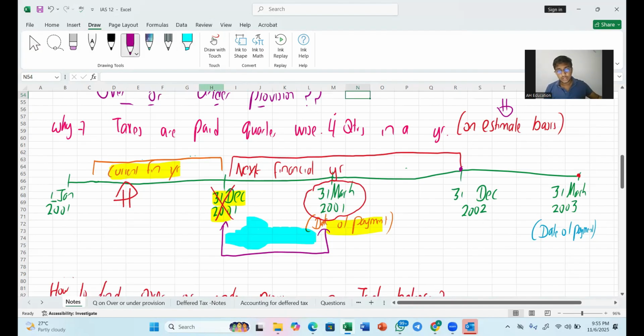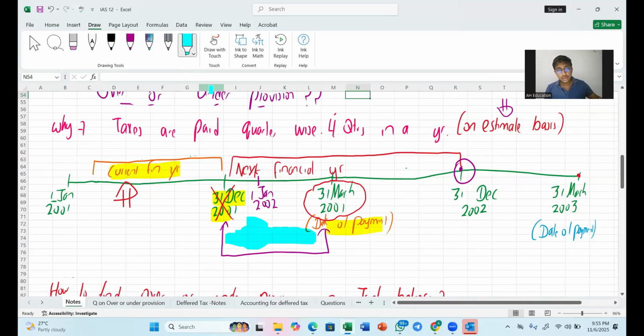Let me give you another example. Say now this is your second financial year, which starts on 1st January 2002 and ends on 31st December 2002. Again, I'm repeating myself.